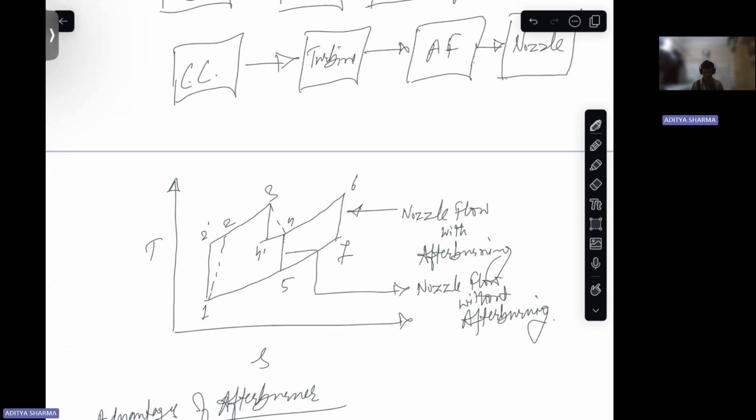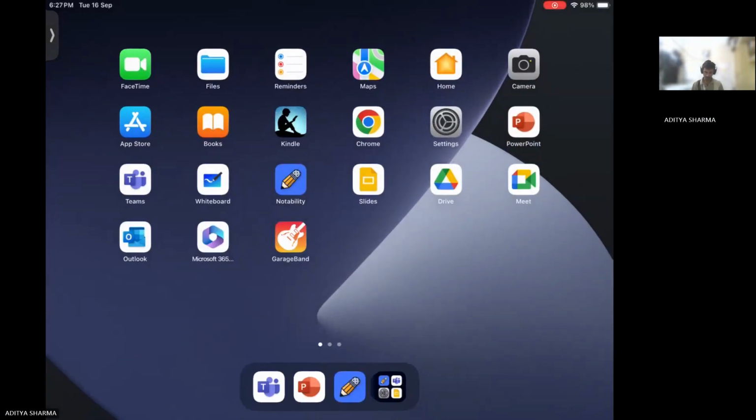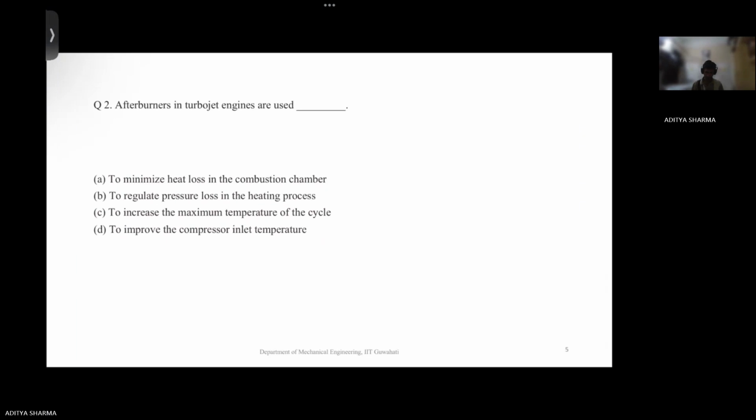If you see the diagram, the purpose of the afterburner basically is to increase the maximum temperature of the cycle. C option.